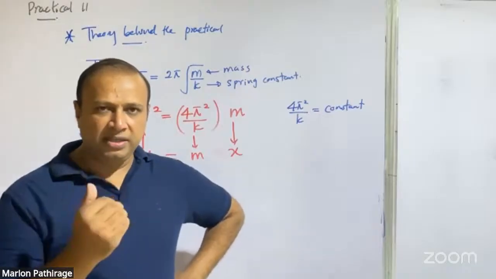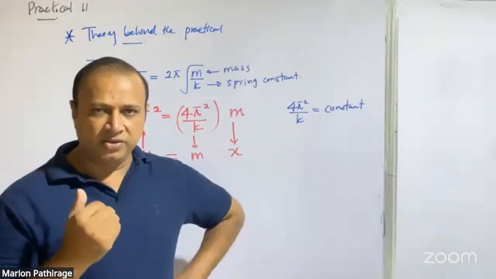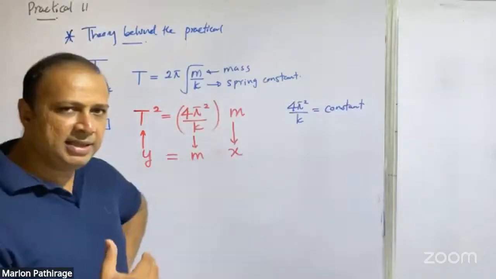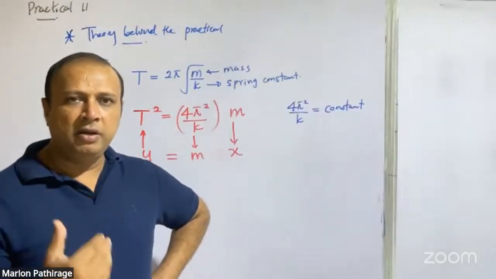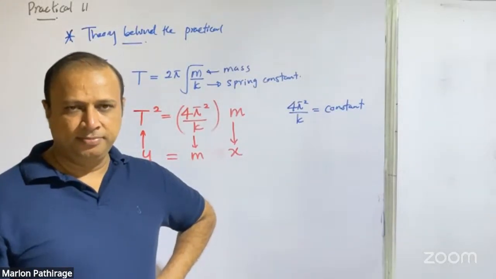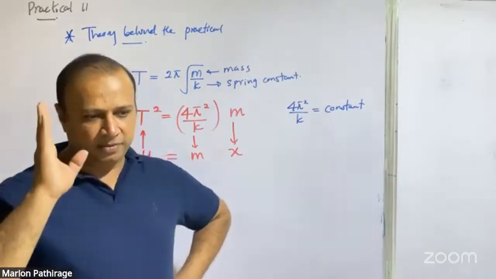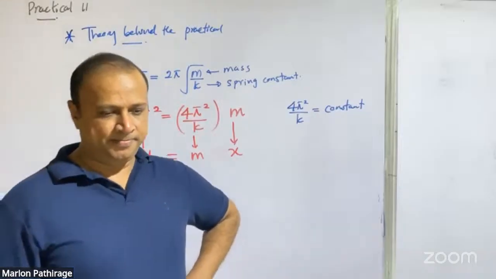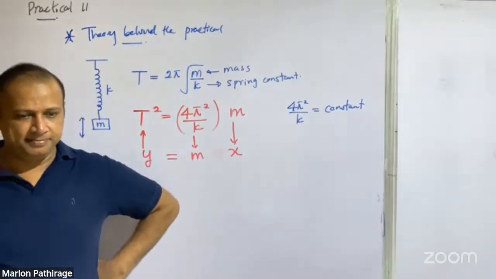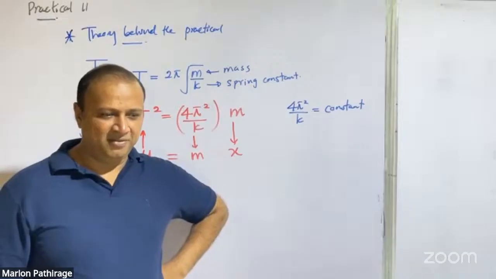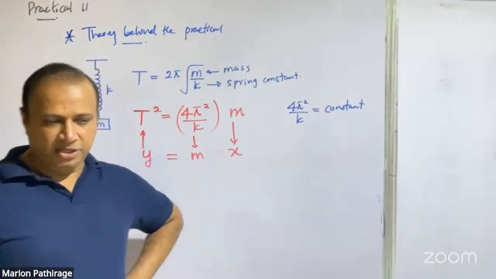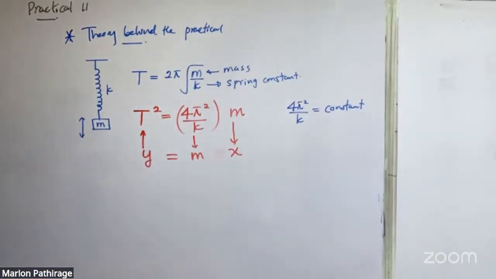So what is the independent variable of this relationship and what is the dependent variable? First, let me know what is the independent variable of this relationship. Yes, very good, you are correct.